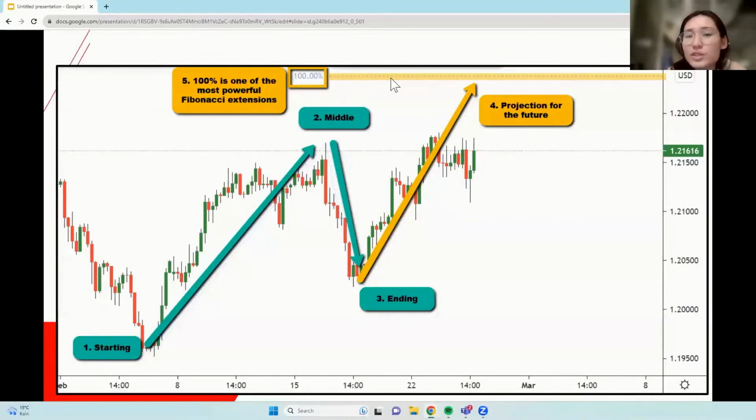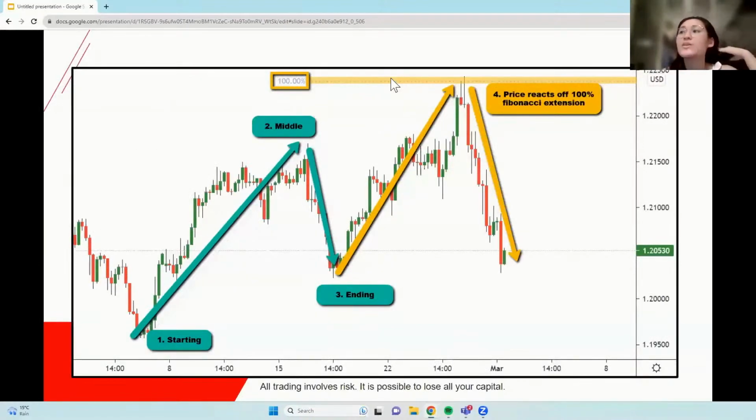So we say that the 100% level is one of the most powerful levels because price is most likely to hit those levels. Okay, and you can see that's exactly what happened. Price reacted off of the 100% Fibonacci projection level, just as we expected.